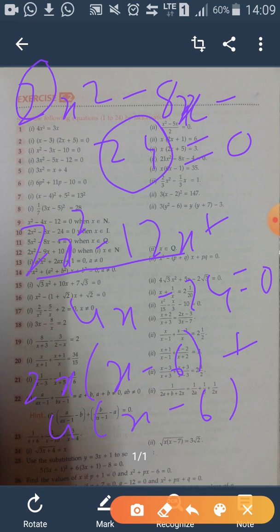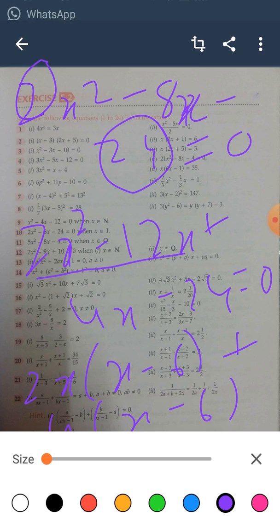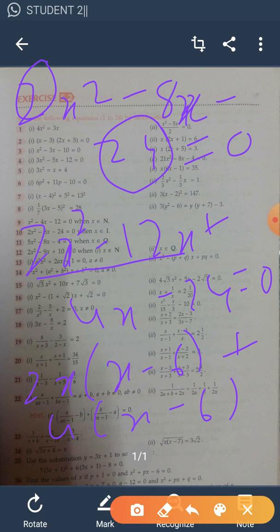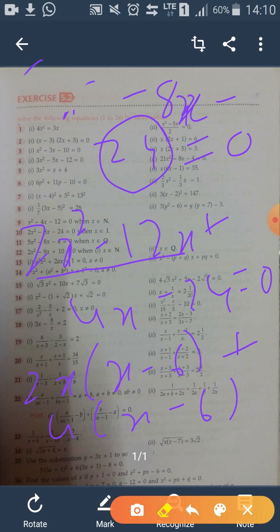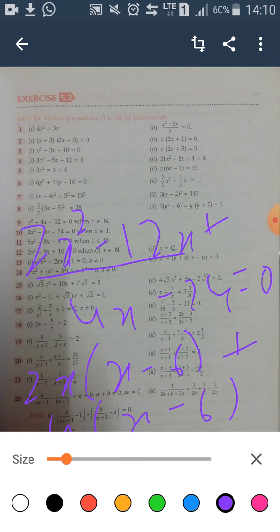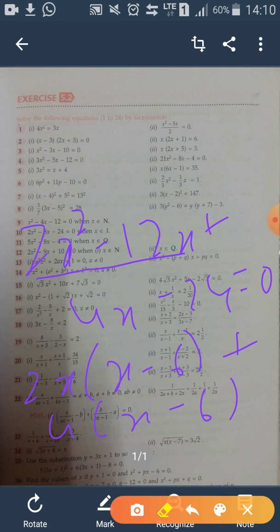So finally we get x minus 6 into 2x plus 4 is equal to 0.